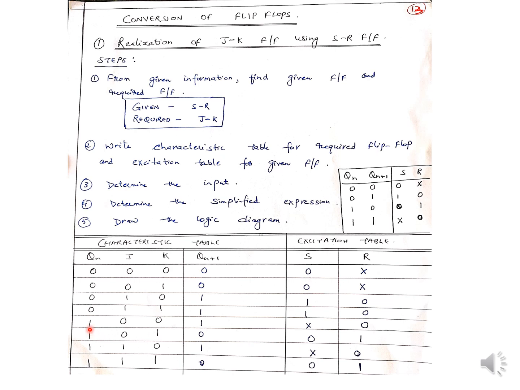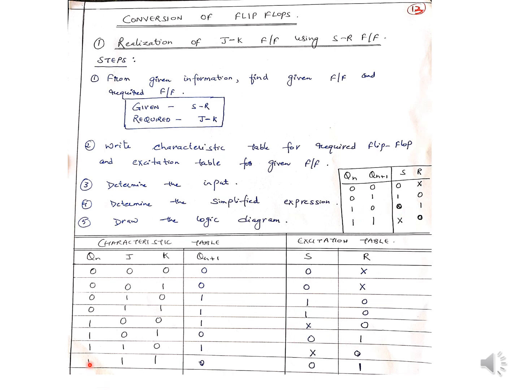Now in the next one, Qn is 1 and Qn plus 1 is 1. So for 1 and 1, what is S and R? It is cross and 0. So I have written here cross and 0. For Qn equals 1 and Qn plus 1 equals 0, what is S and R? 0 and 1. So I have written here 0 and 1.